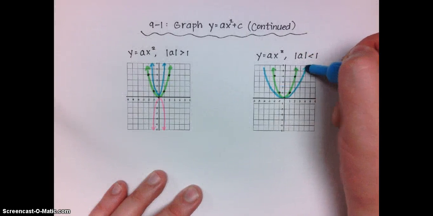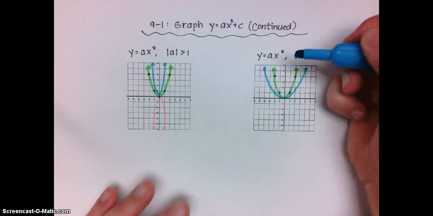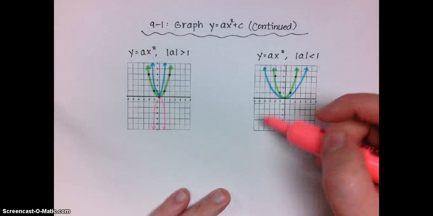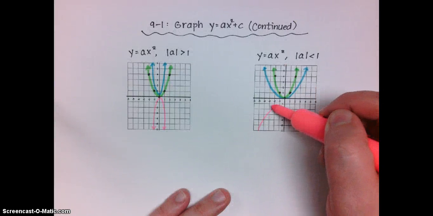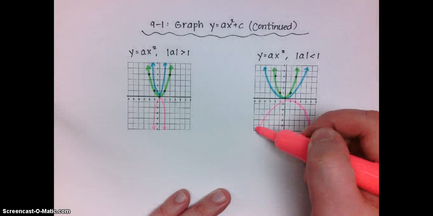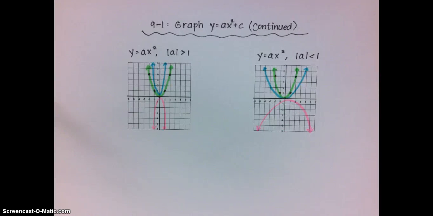And we could know that before we even begin graphing it, what to expect. That it would be much, much wider compared to that parent one. All right? So let's think about that.